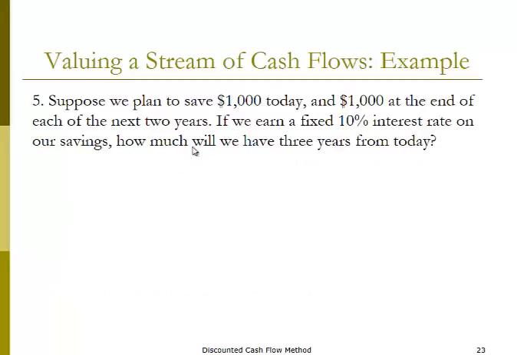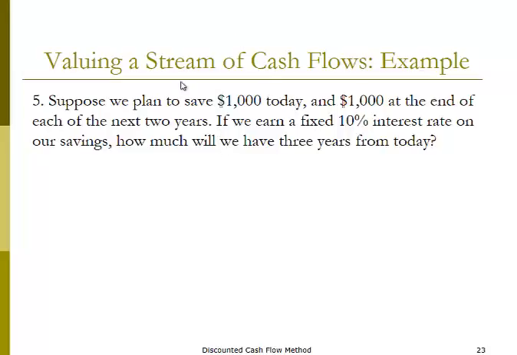Okay, so let's look at the first example. Suppose we plan to save $1,000 today and $1,000 at the end of each of the next 2 years. Okay, so we have three deposits, right? 1,000 today, 1,000 at the end of next year, another 1,000 at the end of the second year.